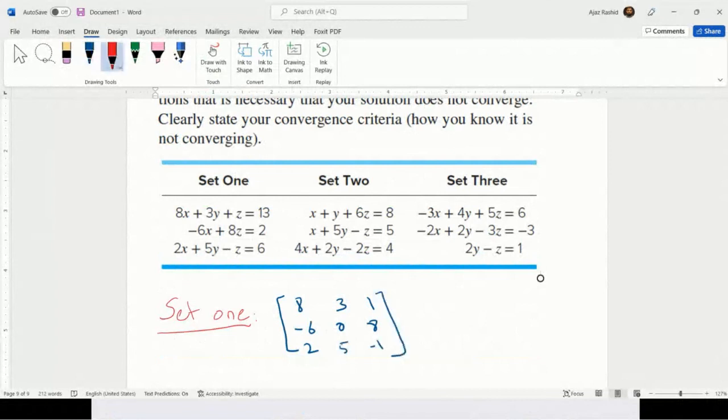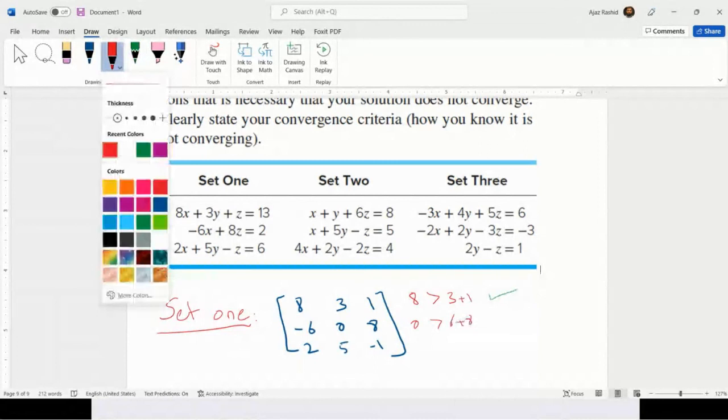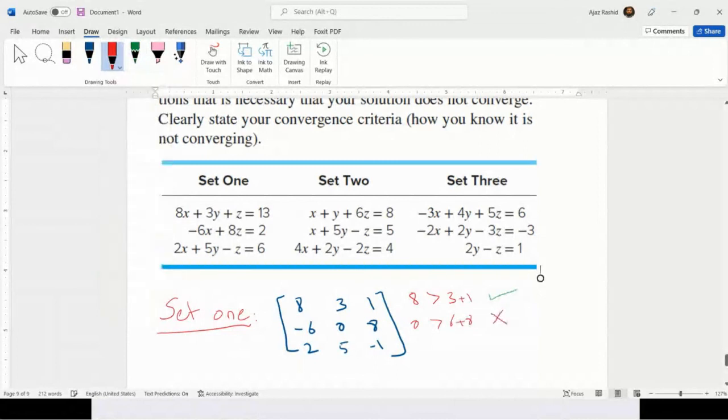Now, if you look at the convergence criteria, 8 greater than 3 plus 1, that's okay. 0 greater than 6 plus 8, this is not okay. So it's not satisfying the diagonal dominance criterion. 1 greater than 2 plus 5, also not okay. So this is not diagonally dominant, so this is going to diverge.